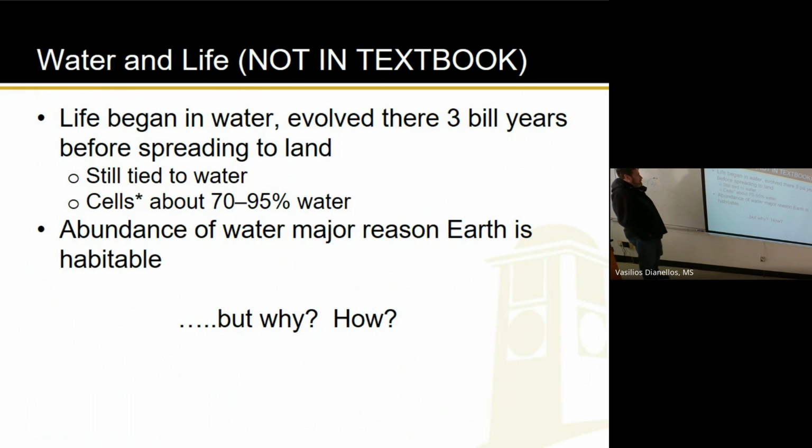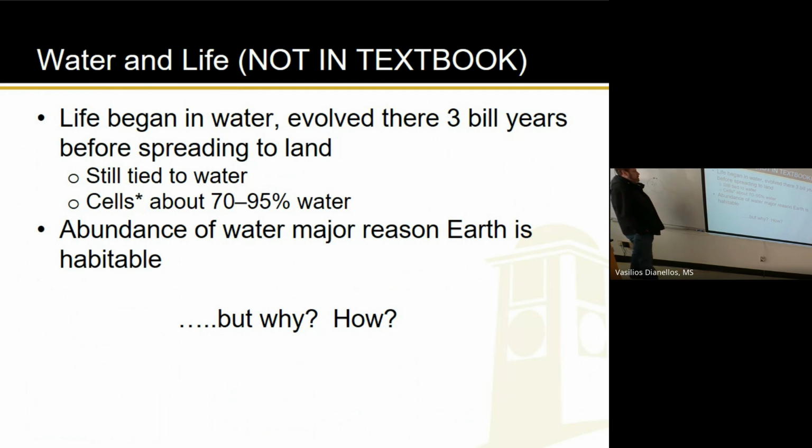And because of that, and other reasons that you're about to learn, life is still tied to water. And we can't have life without water. As far as we know, there is no life without water. Which is why, for example, there's such a big effort to find water on Mars. Because without water, there's no life. So once you find water, it's like, oh, there's a possibility that there could be life.